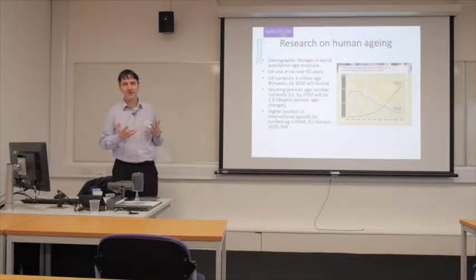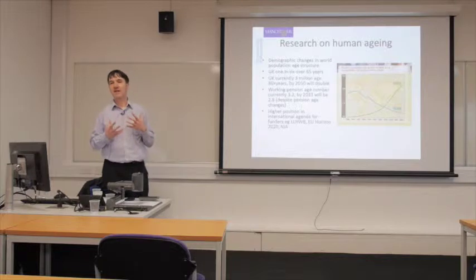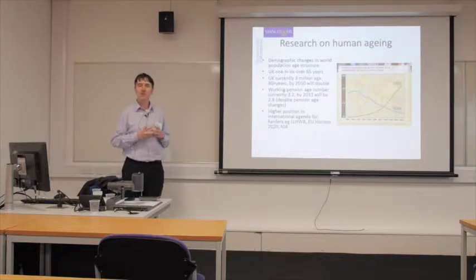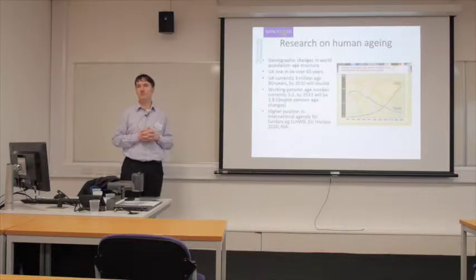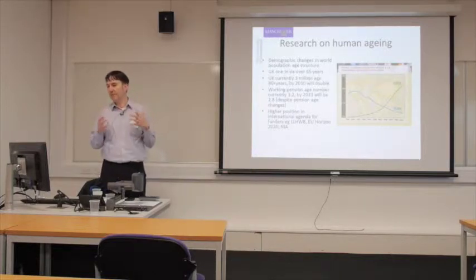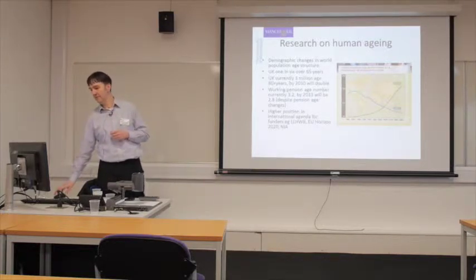And because of that, I've seen a transformation in interest in the ageing research agenda, because perhaps 10 years ago there was less interest in ageing research than there is now. I think because of this demographic shift we've seen a big change, and people want to understand more about this change in population demographics.